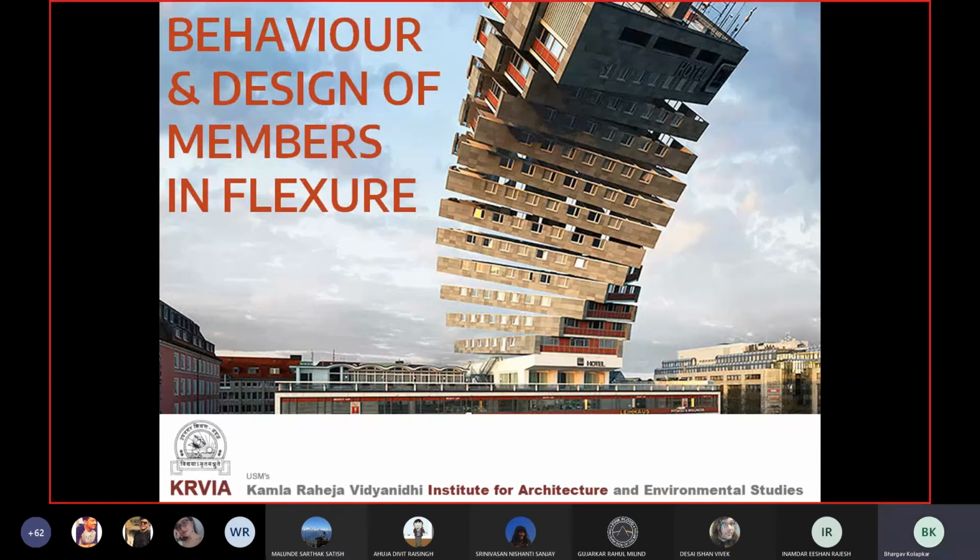So can columns or structural walls experience flexure? I think columns would experience buckling before flexure. So we got a very good definition from someone that all the members that are horizontal and that are transversely loaded, or that are loaded vertically, will undergo flexure.